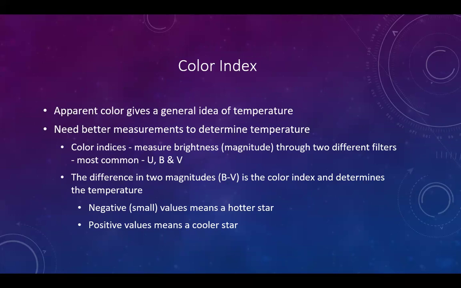So what we do to get a more accurate value, a more precise measurement, is we can use what are called color indices. We can measure the brightness or magnitude for two different filters. So we look at two specific wavelengths. The most common ones are U, B, and V, which are ultraviolet, blue, and green.